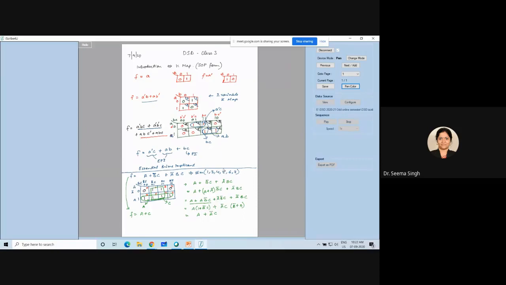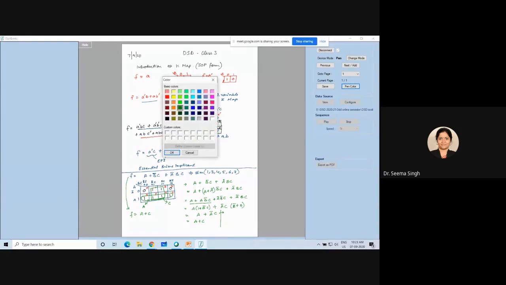That is absorption law. And we can show it using distributive law also. So one way is simply I absorb this A bar and it becomes A plus C. Other method is what I can show here, I am showing simply one extra thing, so you people should not get confused with this.